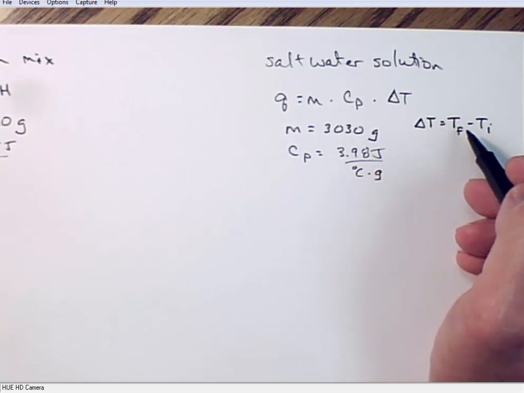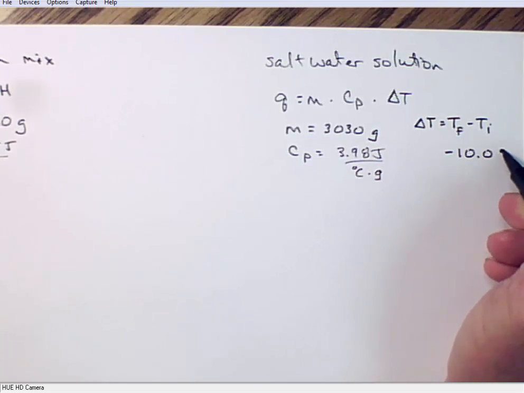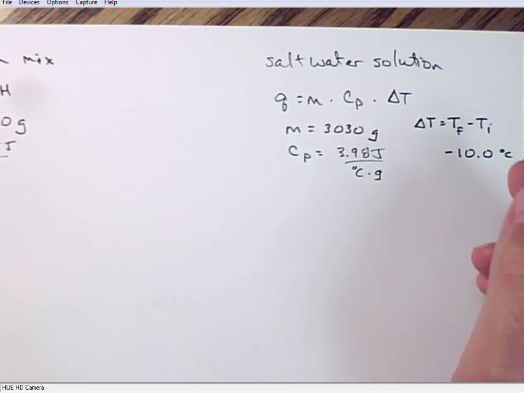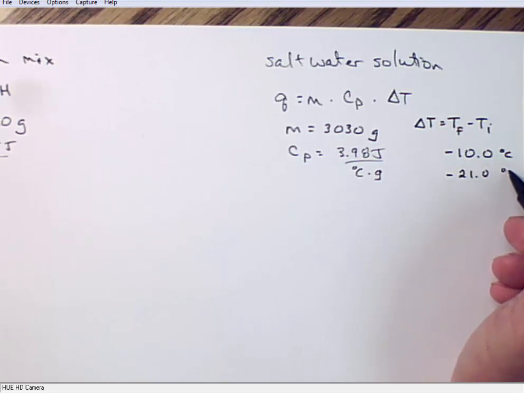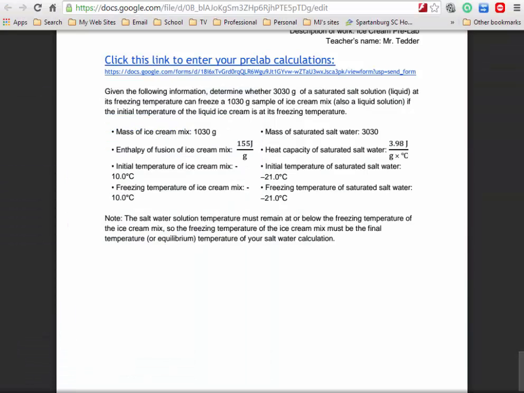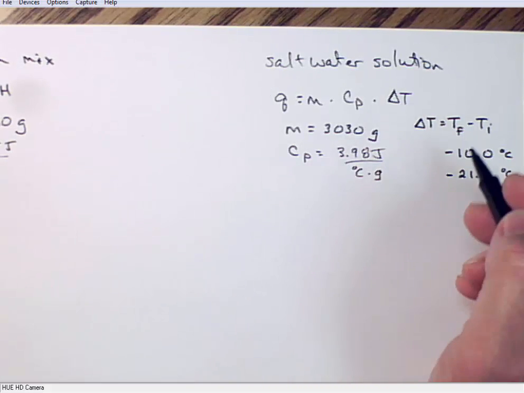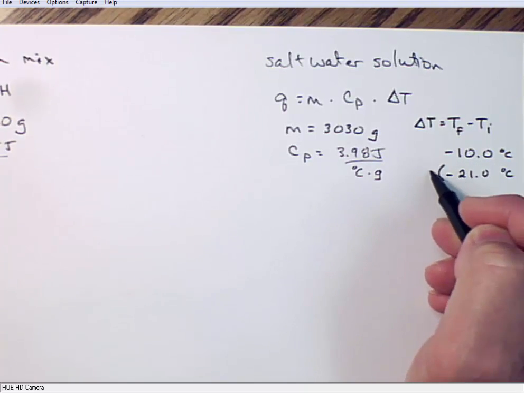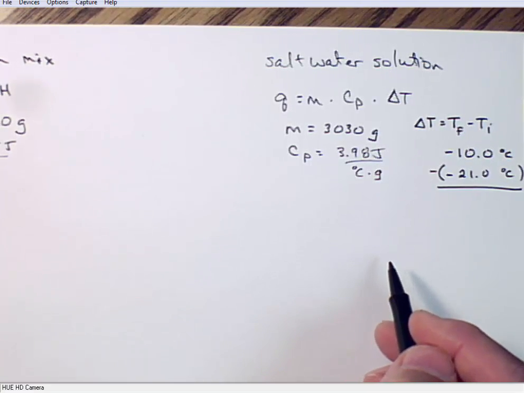So temperature final is negative 10.0 degrees C, and the temperature initial, the starting temperature of the salt water solution mix, is negative 21.0 degrees C. We're going to subtract that negative 21 degrees C from the negative 10 degrees C. That's like adding 21 degrees C to a negative 10 degrees C.